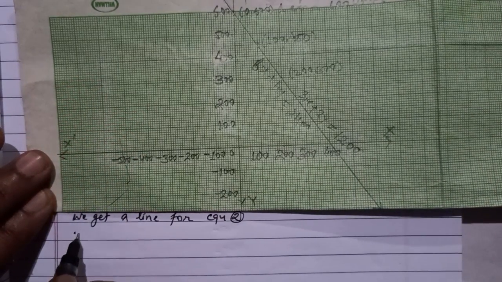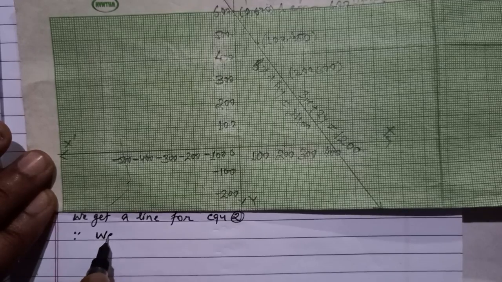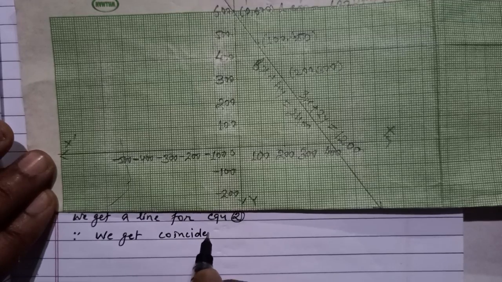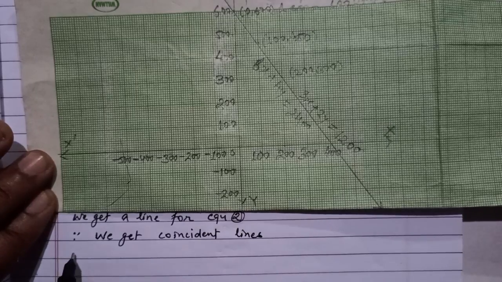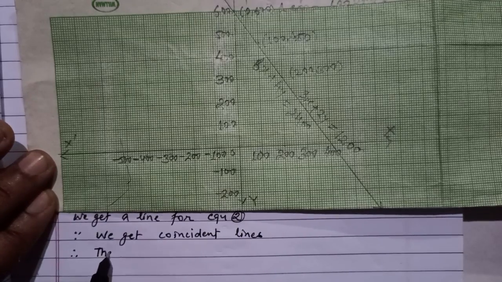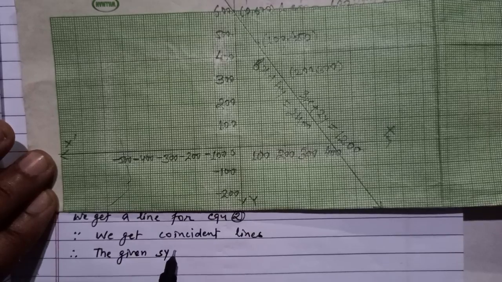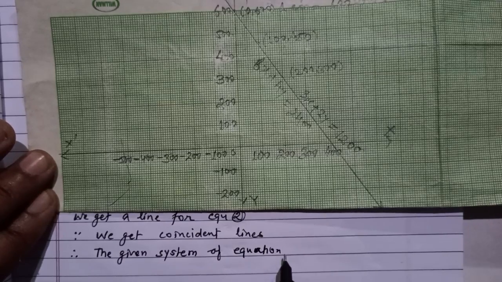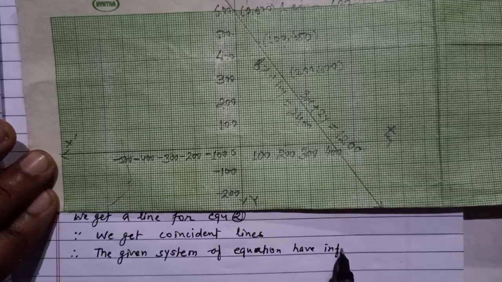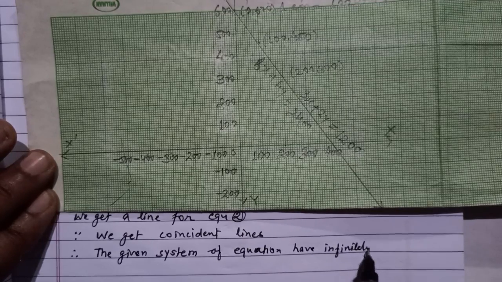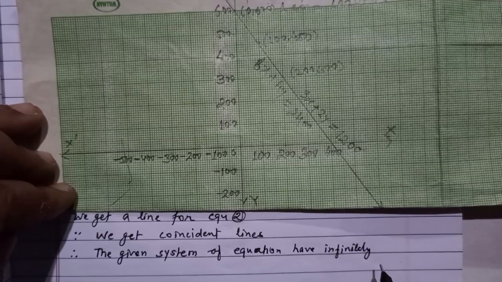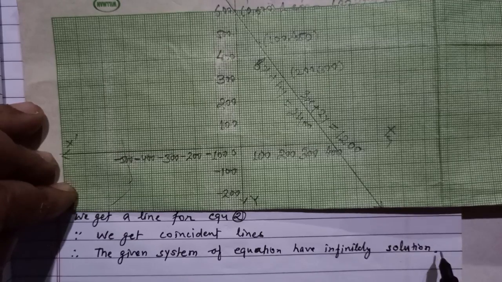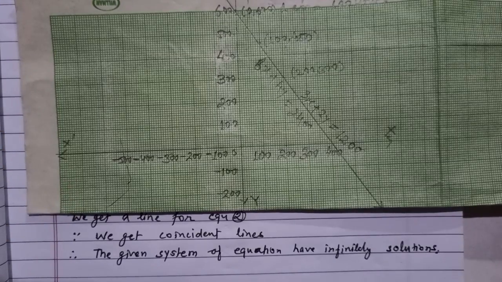Since we get coincident lines, therefore the given system of equation have infinitely many solutions. Thank you, students.